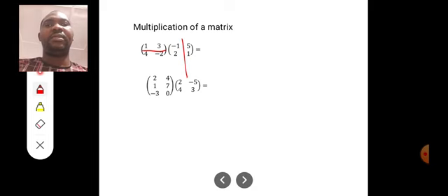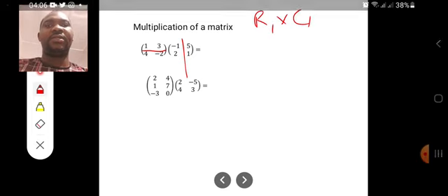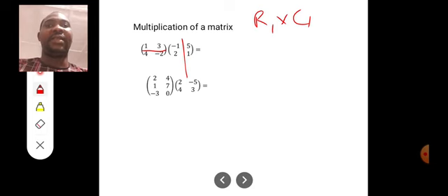Okay? So now, let's start with the first row and first column. First row multiplying the first column, that means row 1 times column 1. That is exactly what we are going to have. Your answer is going to be from row 1.